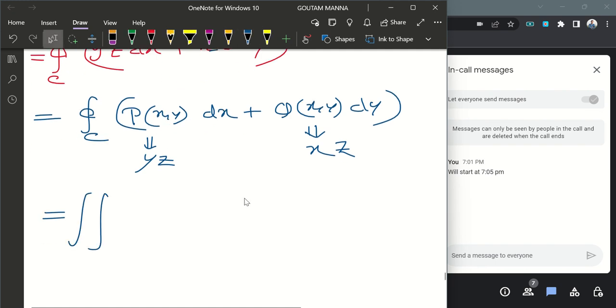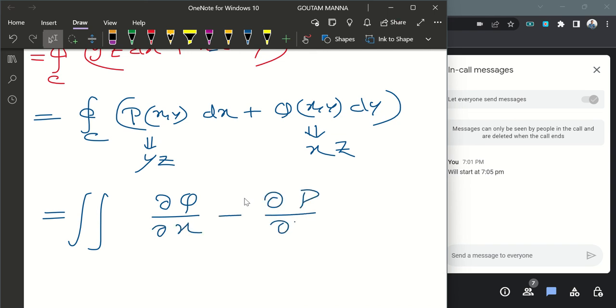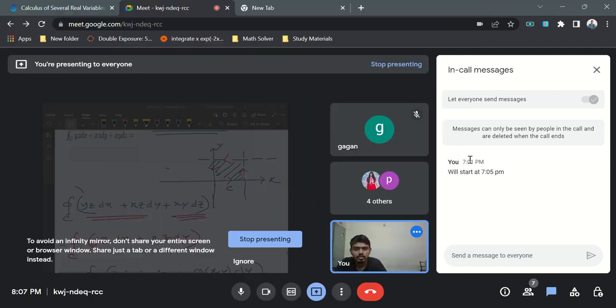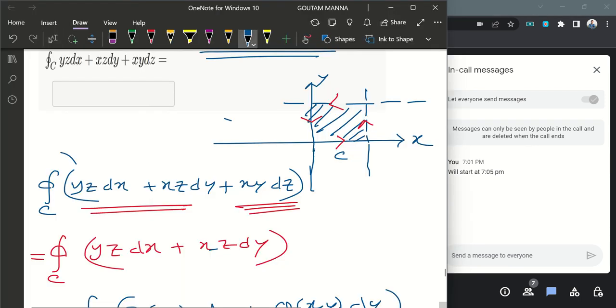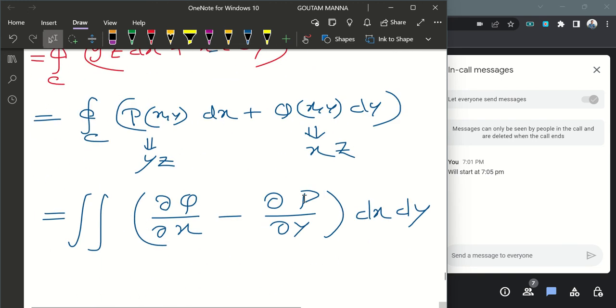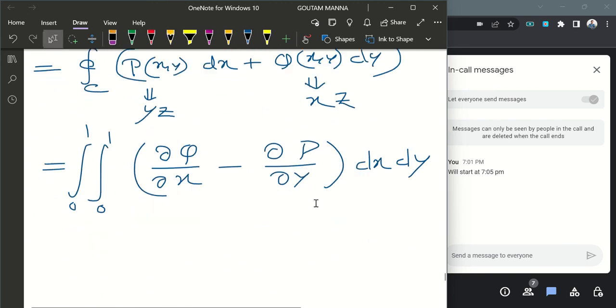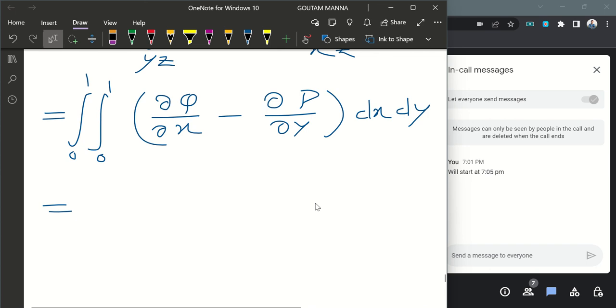Then if we convert it to the surface integral, it will be the double integral of (del q del x minus del p del y) dx dy, where inside this surface x is going from 0 to 1 and y is going from 0 to 1.